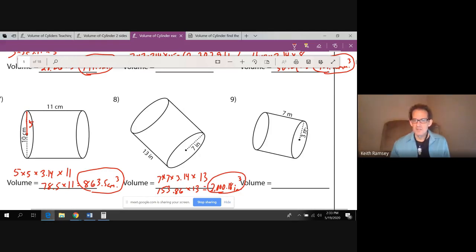Here's number 9. My radius is 3. So I have 3 times 3, that's radius squared, times pi, times the height, which is 7. So 3 times 3 is 9. I know 9 times pi is 28.26. Times the height is going to give me the volume, which is going to be 197.82 cubic meters for number 9.